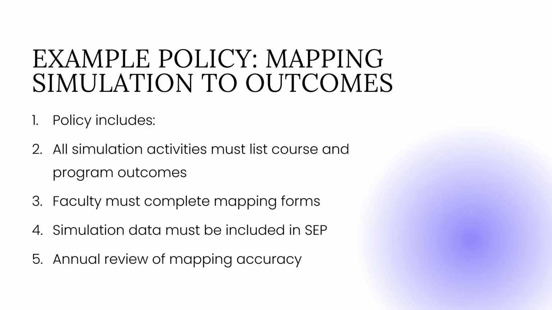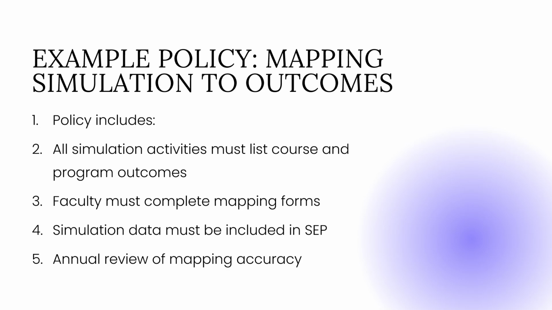Another key component is requiring simulation evaluation data to be included in the SEP. This means that student performance, scenario effectiveness, and faculty observations must be analyzed and used to inform program improvement.